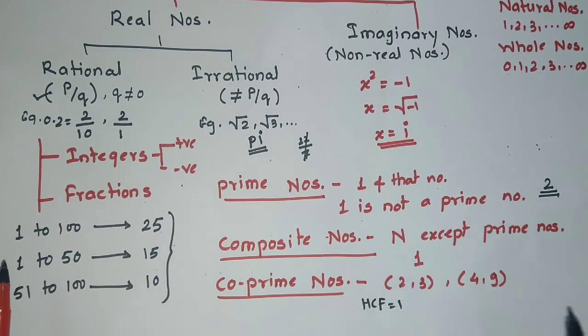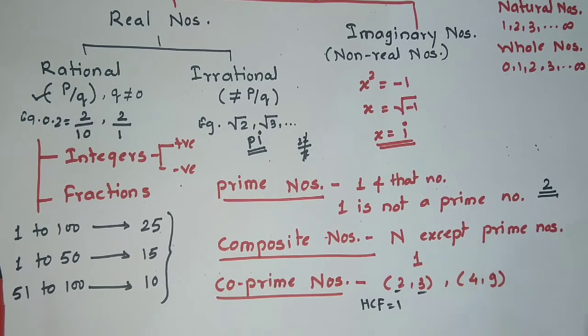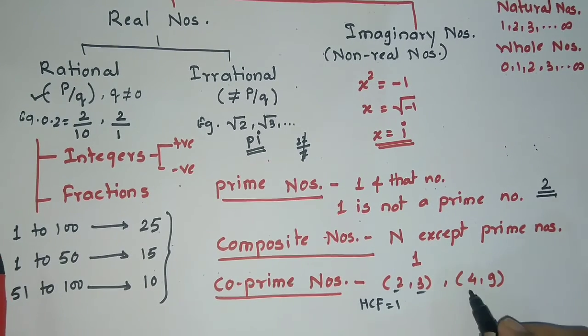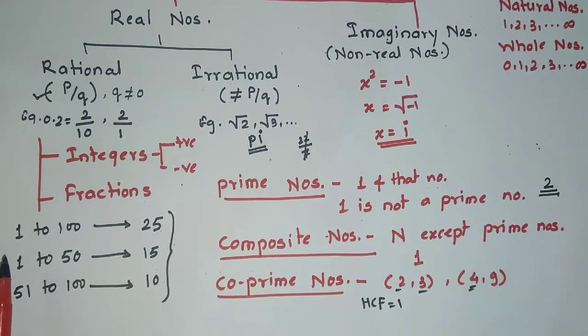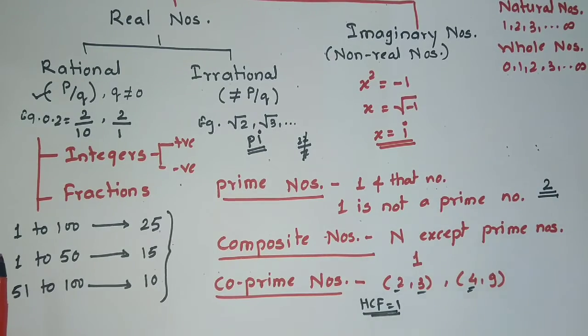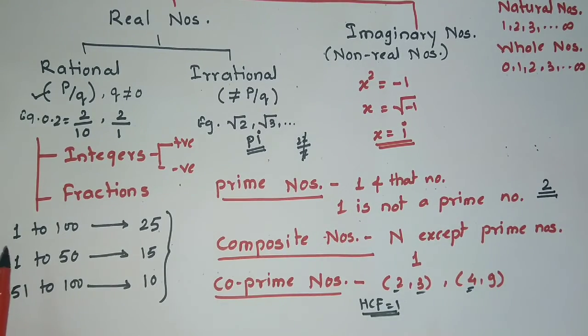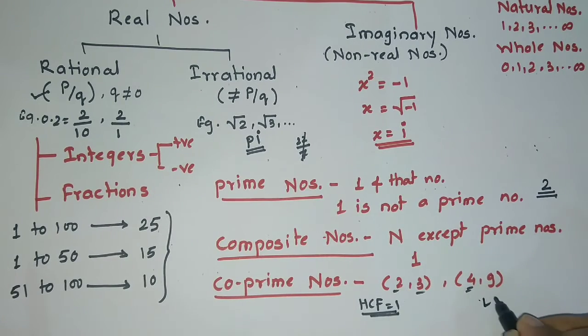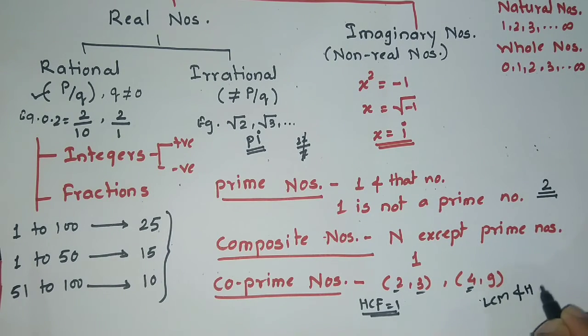Co-prime numbers can be any two natural numbers. It is not necessary that both numbers must be prime. Here 4 is not a prime number, still 4 and 9 are co-prime numbers. So, any two natural numbers whose HCF is 1. What is HCF? Highest common factor. We will see highest common factor in detail in the topic LCM and HCF. So, these are the co-prime numbers.